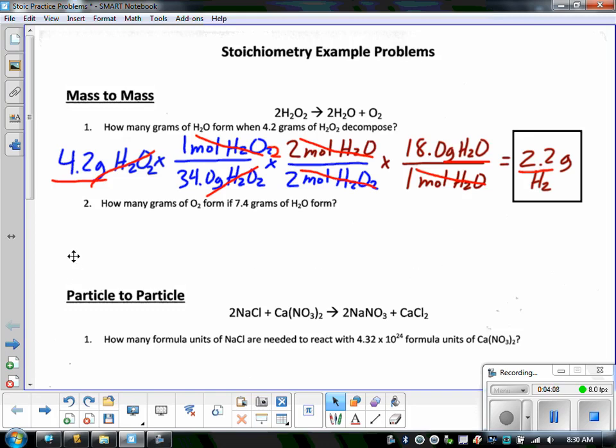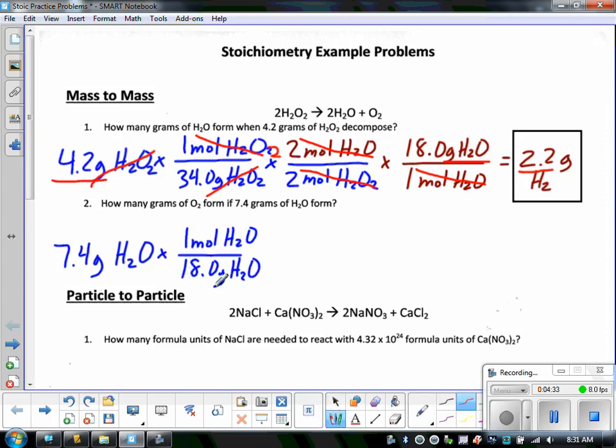So let's go to the next example. We're going to start off with 7.4 grams of water, and we want to know how many grams of O2 form if 7.4 grams of H2O form. If 7.4 grams of water form, we want to turn that into a mole value.